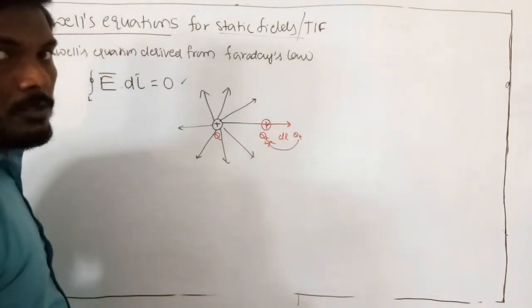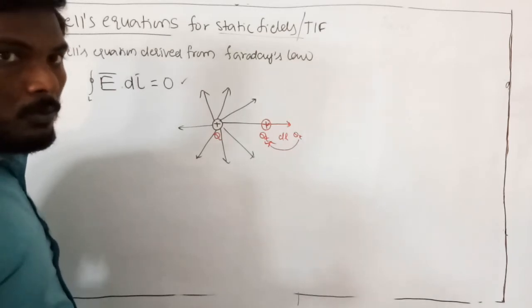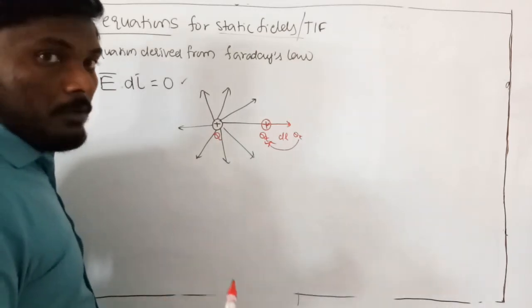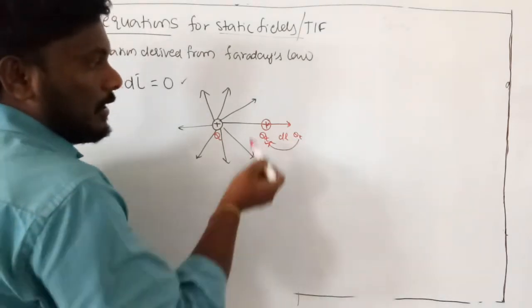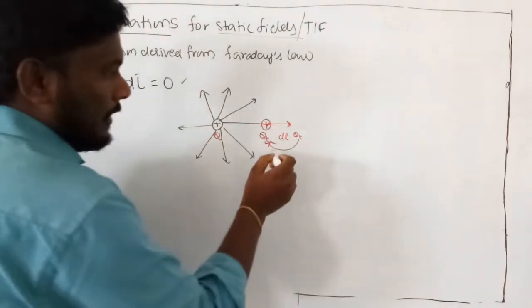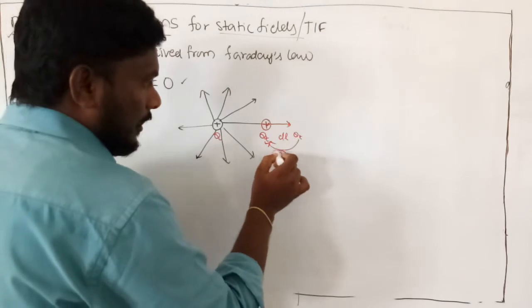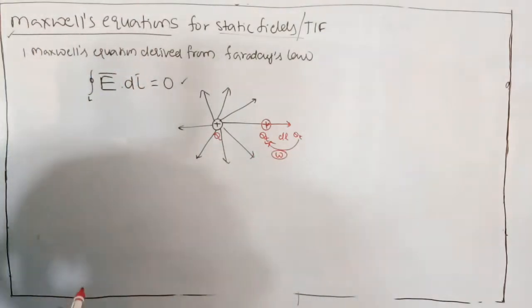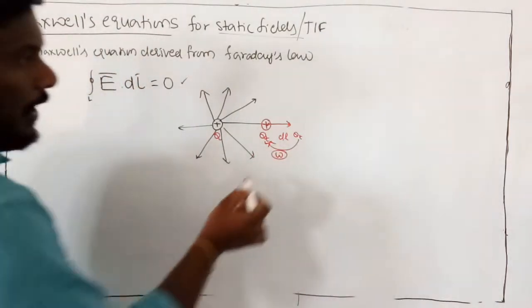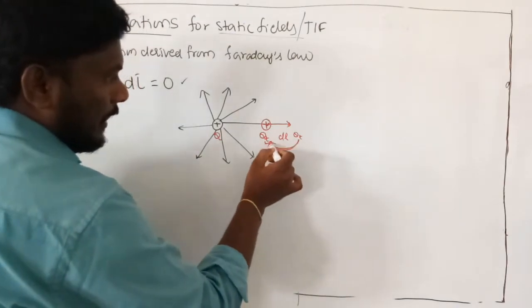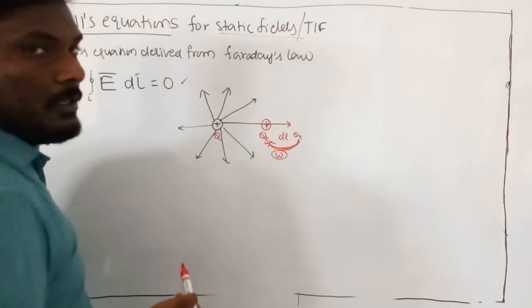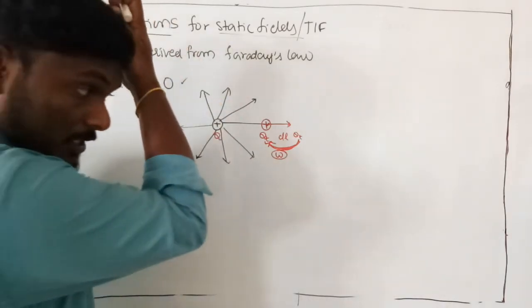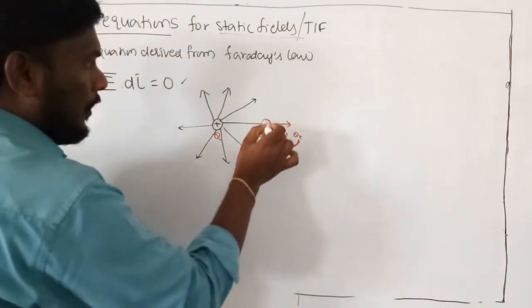So in that case, if I expend some work on this charge, the work is done. As it is moving linearly, the work is done here.